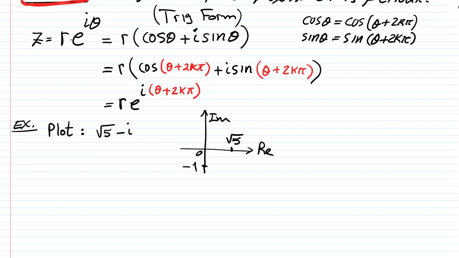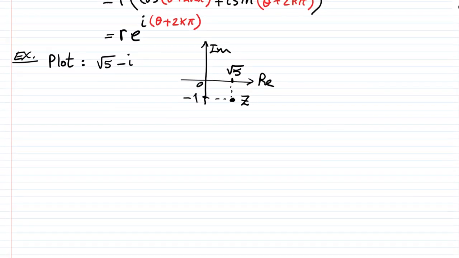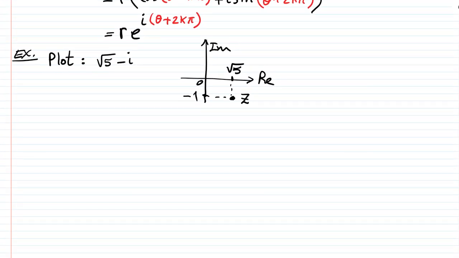Negative i is negative 1i. So right in here, that's going to be the plot of that complex number z. Right there. You see that? Not drawn to scale. So this is very easy. Plotting them is very simple. It's like plotting x and y.